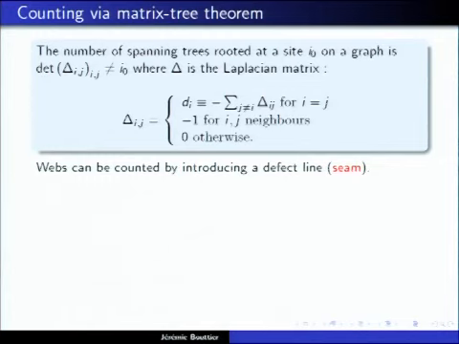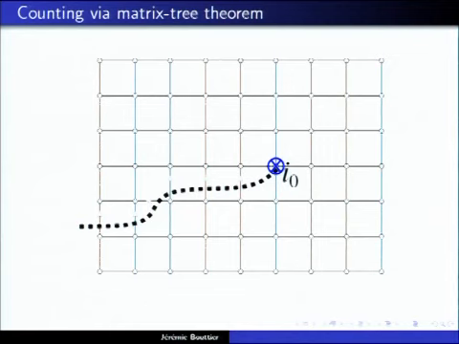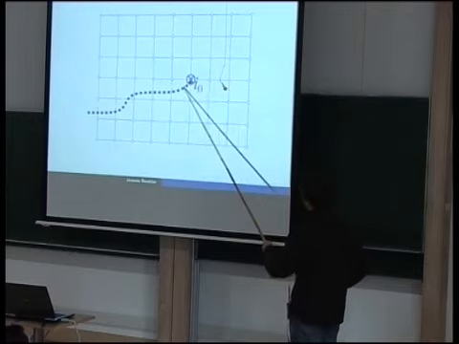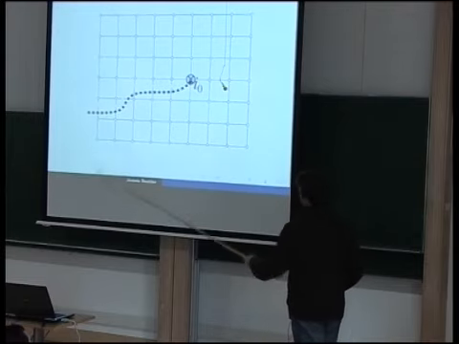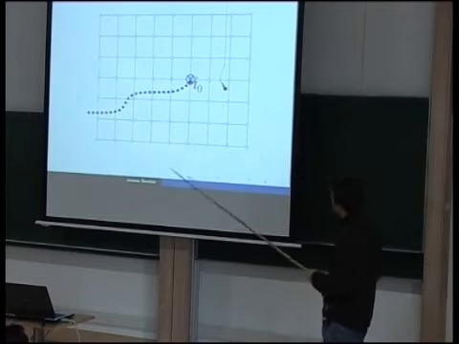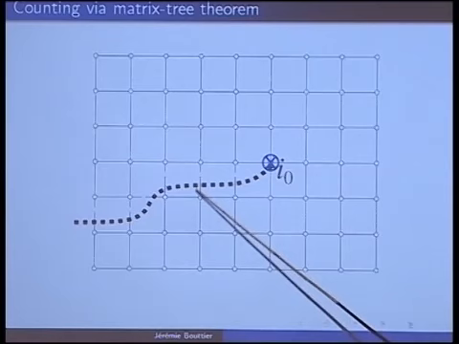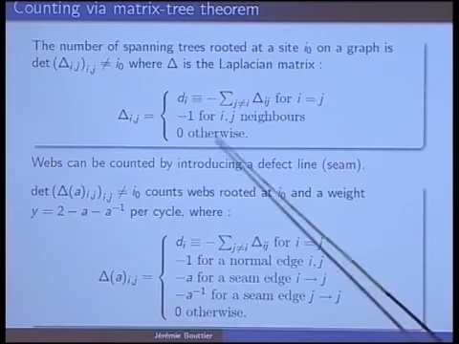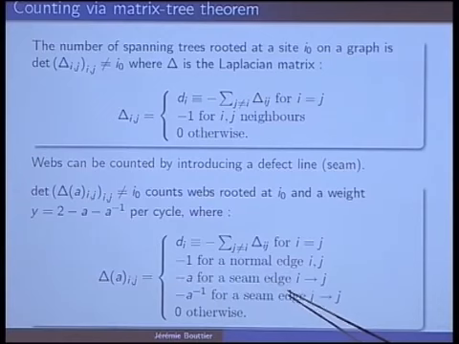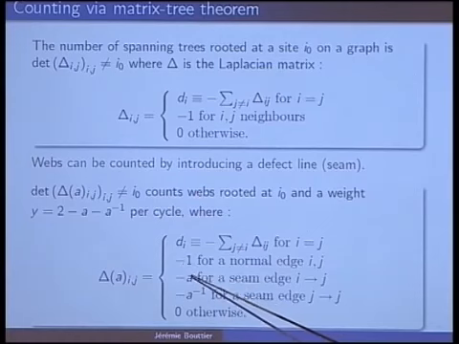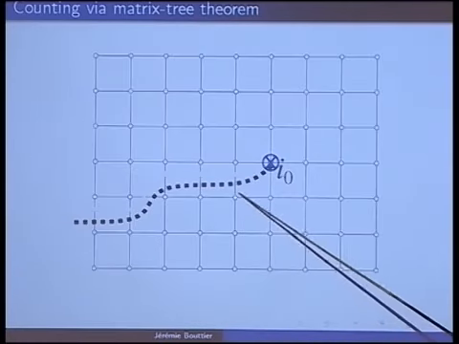It's done by introducing a defect line. You start from the site that is going to become the root, and you take any line that connects to the outer face, and then you give an orientation to the line, and then you modify the weights of the Laplacian corresponding to the edges that cross this line. So instead of 1, you get -a or -a^-1 depending on the direction.